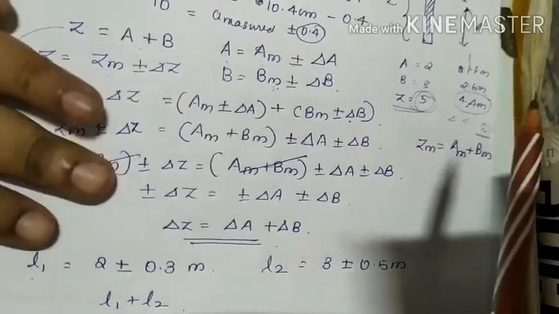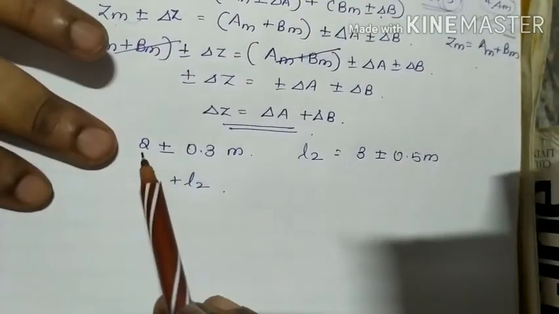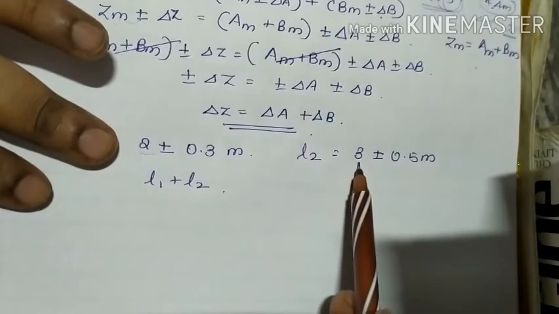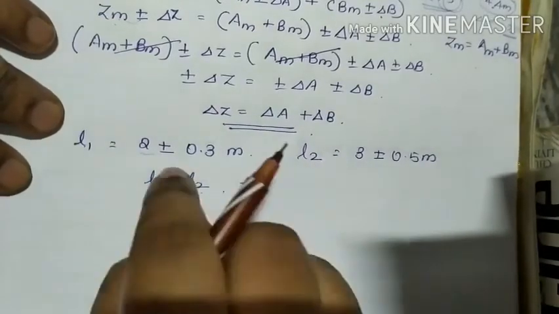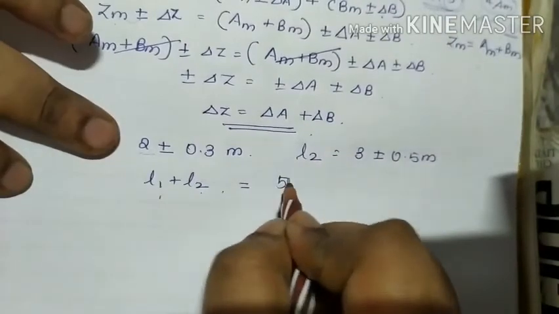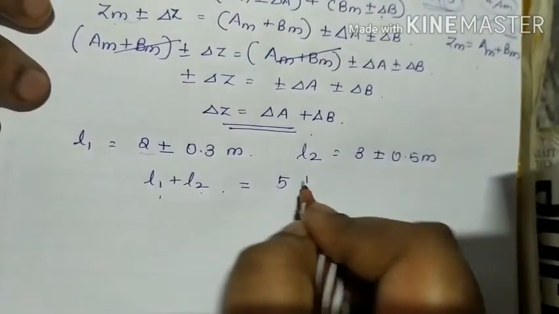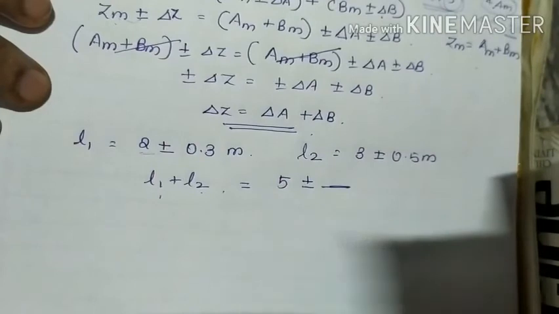So when you are adding, obviously you have to add the measured value. When asked what is L1 plus L2, the first part is 2 plus 3, that is 5. But I don't know the error in that measured value, because each length I measured had a small error.